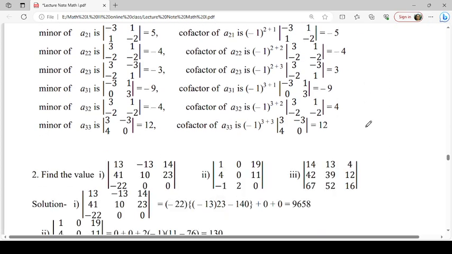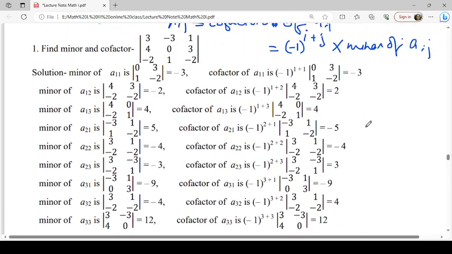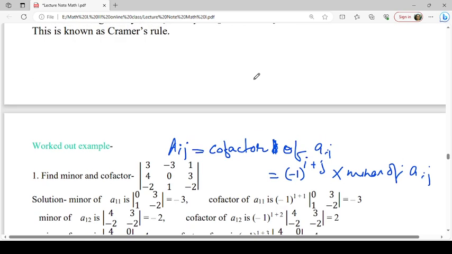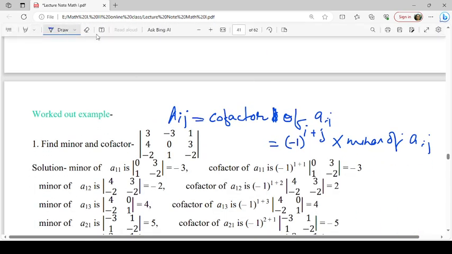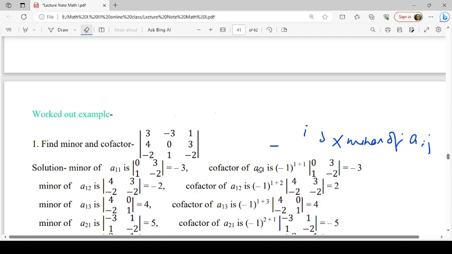And when we say we need to expand this, to expand means finding the value of the determinant.